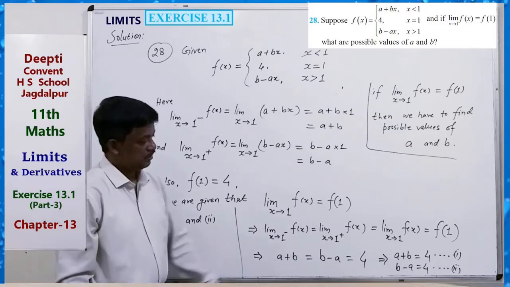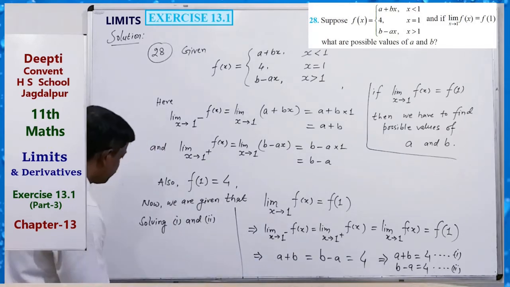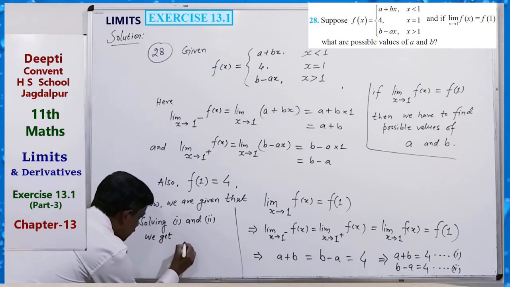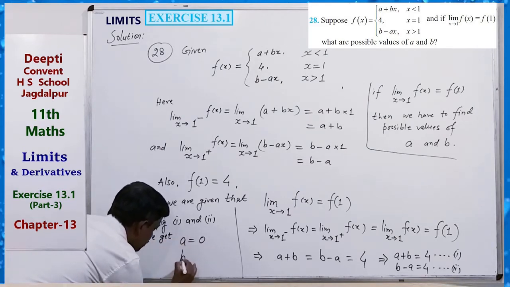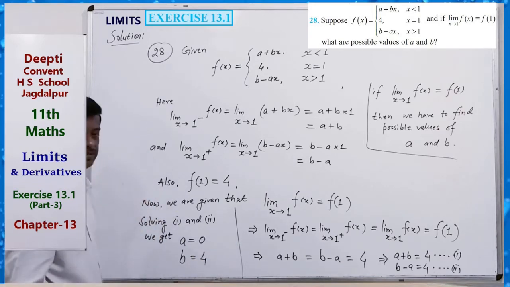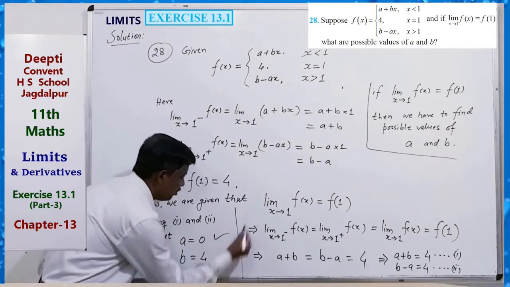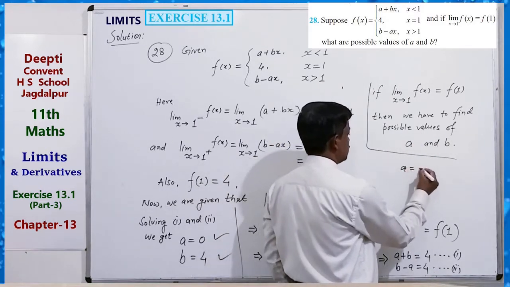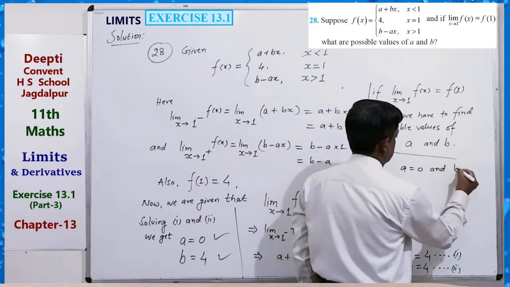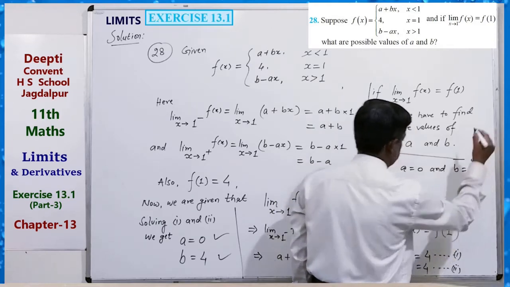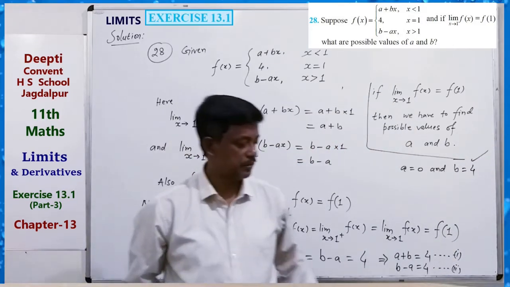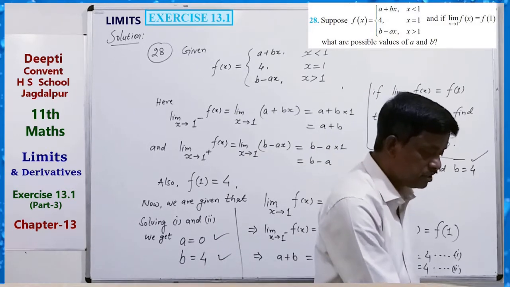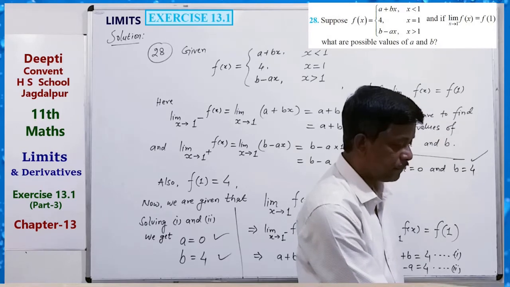And if b equals 4, then a equals 0. We get a equals 0, b equals 4. So these are the possible values: a equals 0 and b equals 4. Okay. So here possible values of a and b are 0 and 4.